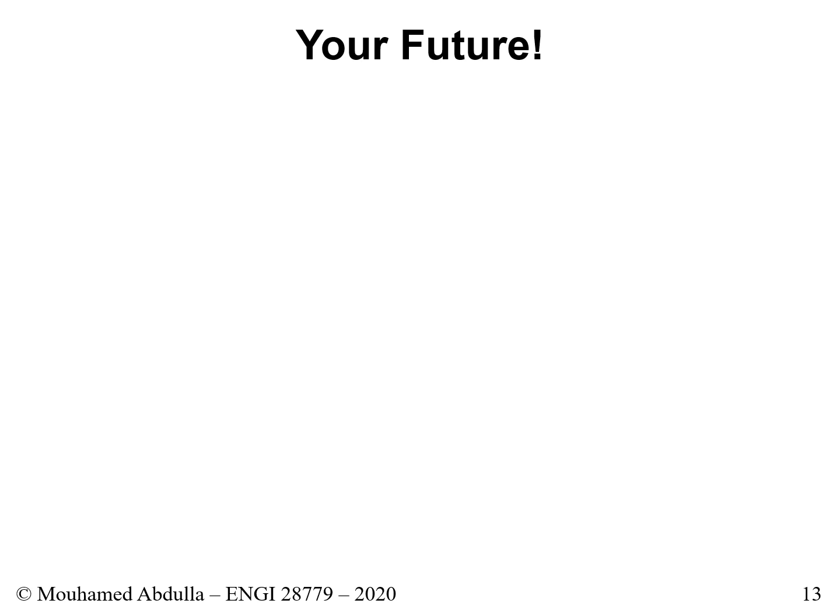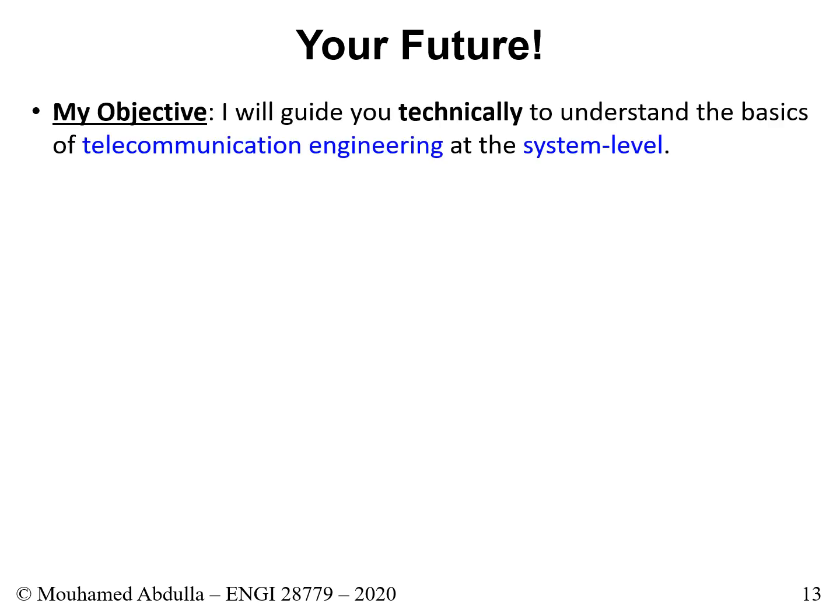Okay, finally we reach the slide which I want to talk about your future. So my objective as your professor in this course is to guide you technically to understand the basics of telecommunication engineering, and specifically at the system level. So in communications in general, there are different ways of looking at them. Somebody could be working in telecommunications, but they could be looking at it from an upper layer perspective, essentially on the application layer.